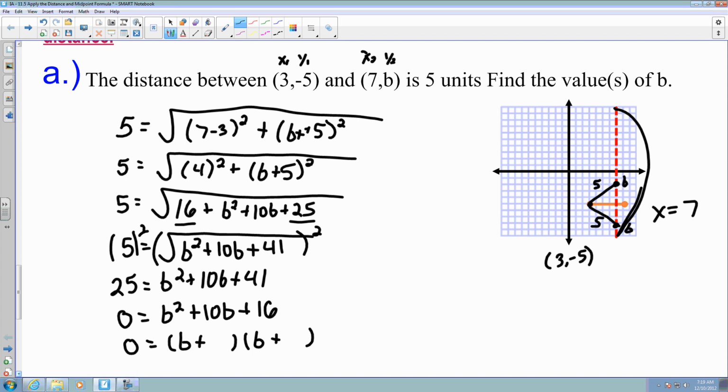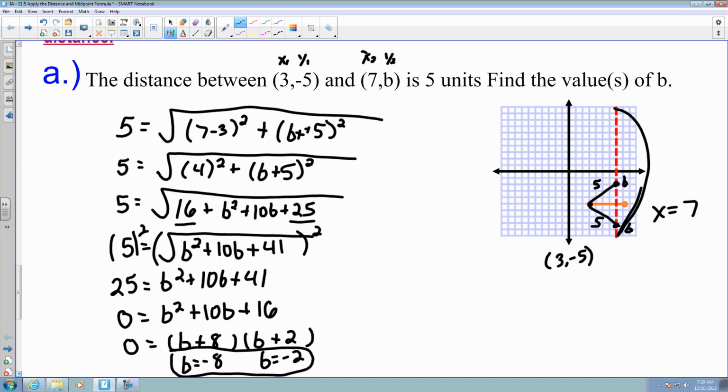And the sum is 10 and the product will be 16. So 8 plus 2 equals 10, and 8 times 2 will equal 16. So now if I use the zero product property, I know that b will equal negative 8, and I know that b will equal negative 2. Okay. So I found my two values for b.